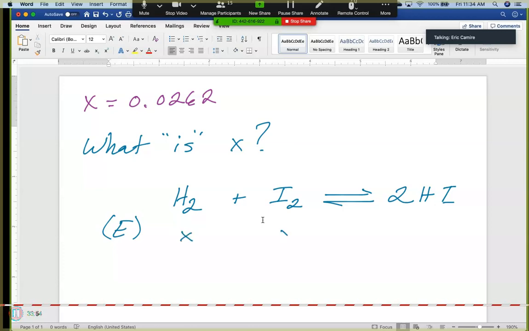We said it was x, and 0.250 minus 2x. What we see here is that x is equal to the concentration of H2 and I2, and then we could theoretically figure out the equilibrium concentration of HI, because x does appear in that equation, and it's the only unknown we need. So let's finish this off then.